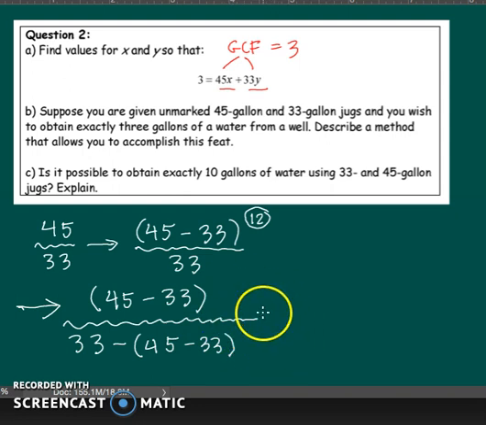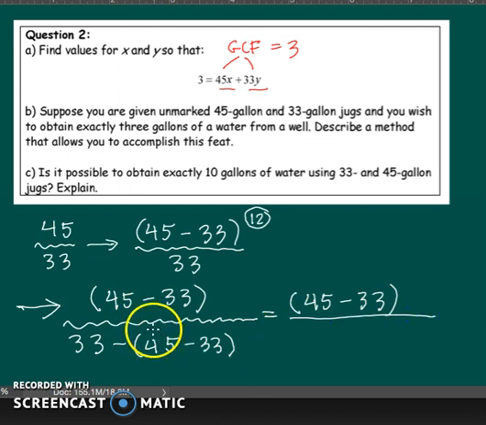So maybe I can simplify this a little bit. Let's rewrite it. I'm going to write 45 minus 33 on top, and let's get rid of these brackets. So if I get rid of these brackets, that is going to be 33 minus 45, and this is going to turn into plus 33.